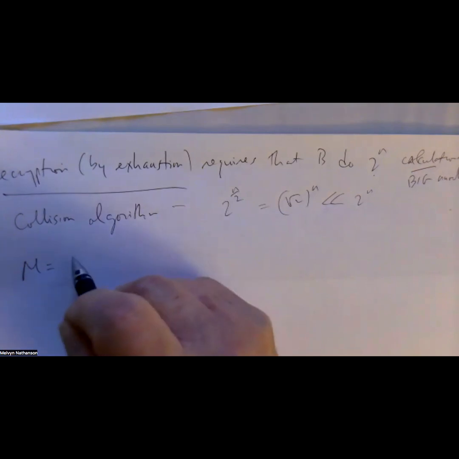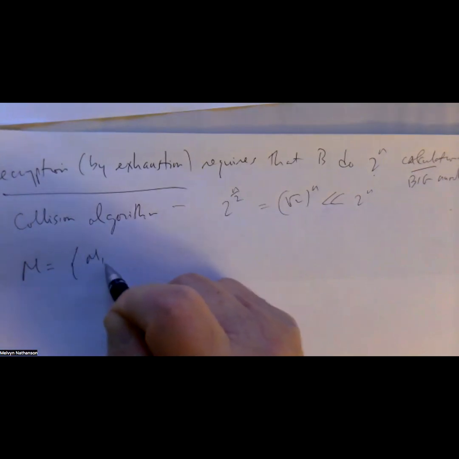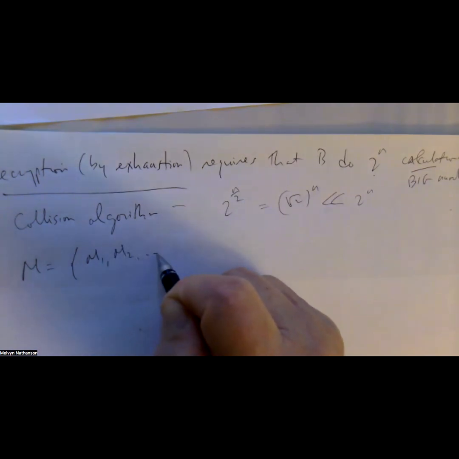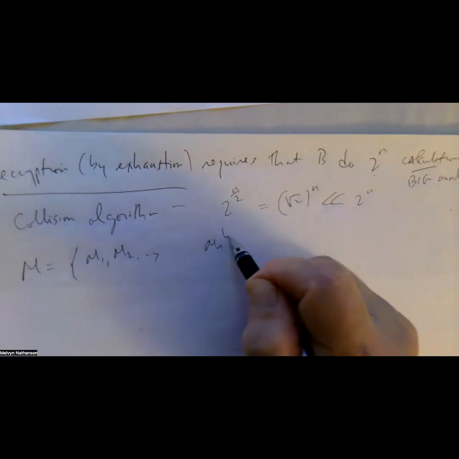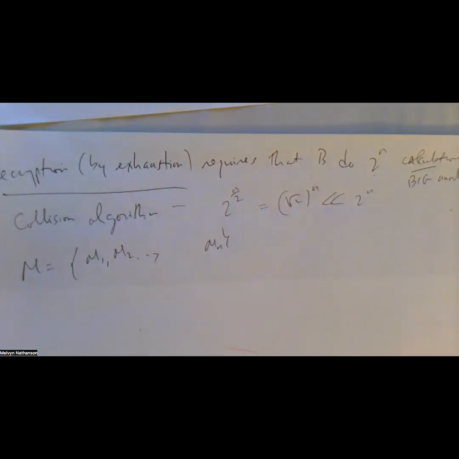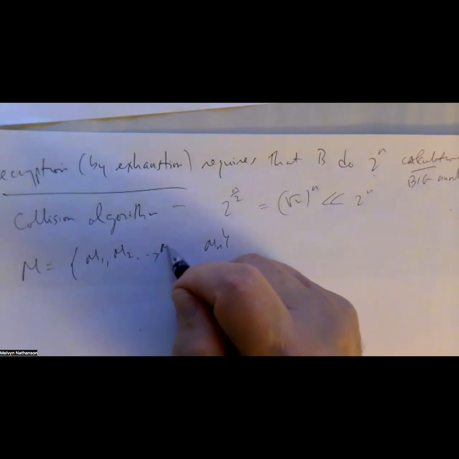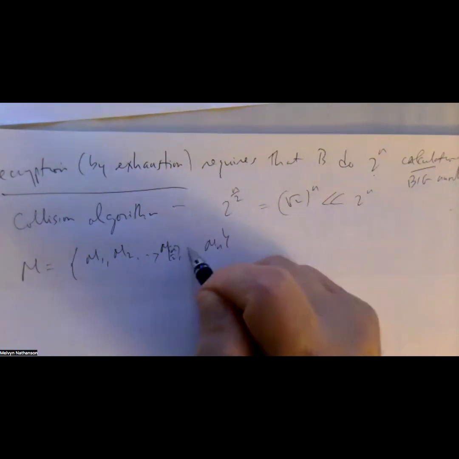So here's my set M, which consists of n numbers. This is roughly n over 2, and so forth.